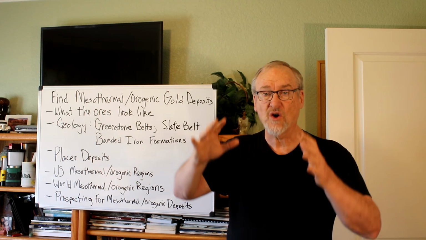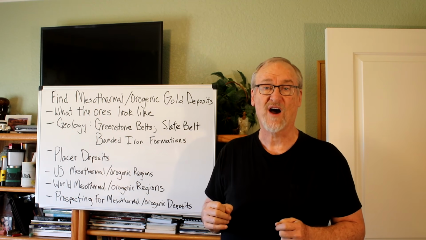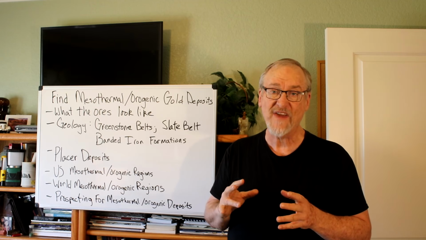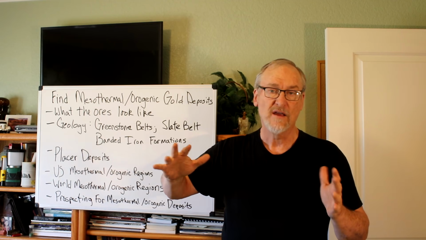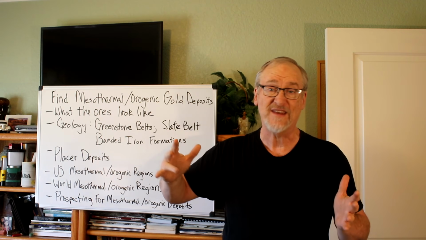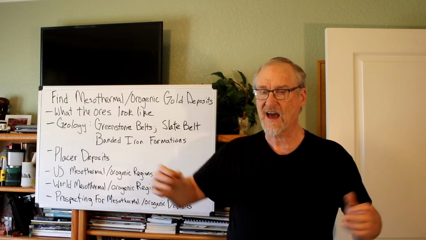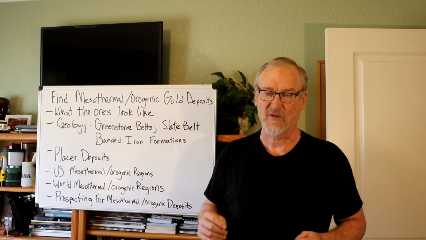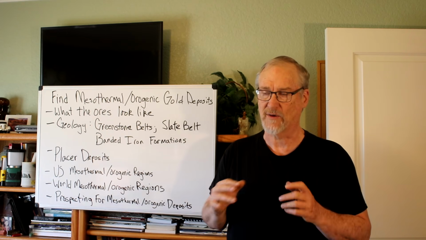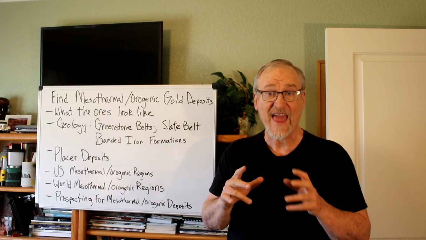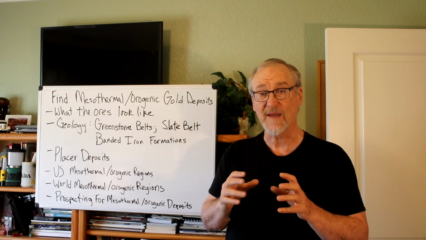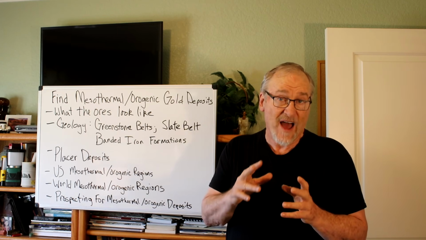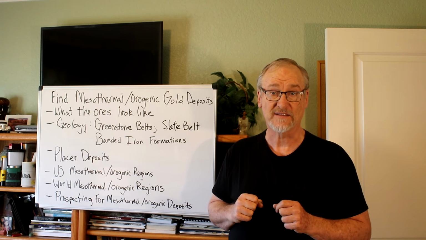There's usually also a zoned envelope of alteration around the veins, although the alteration zone may only be from a few feet to tens of feet wide. It's not as big as some of the epithermal veins that have really big halos around them. But still, the halos that are around the mesothermal orogenic types are useful to help trace and find ore deposits.